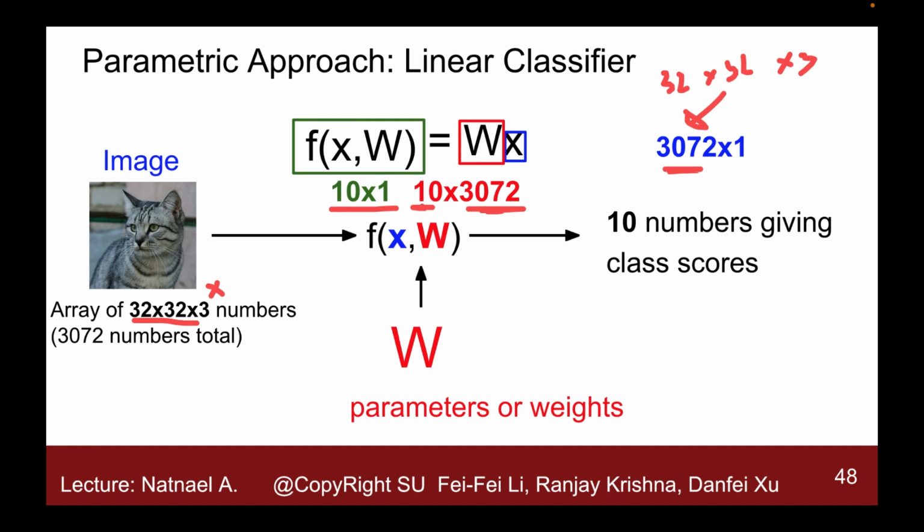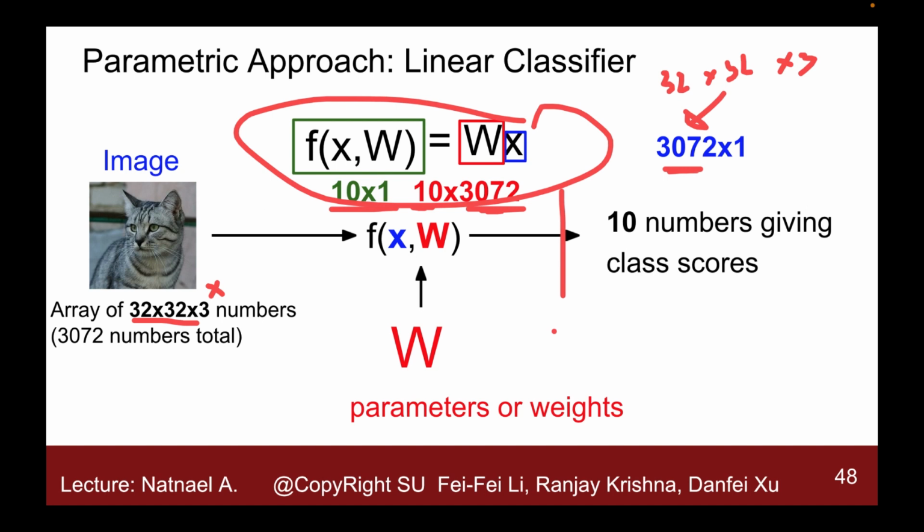W is the number of classes times the number of pixels in the image, and the outcome of this whole function is a 10 by 1 array, which corresponds to the weight or the probability of each of those classes, or the probability of the image to be classified to each of those classes.